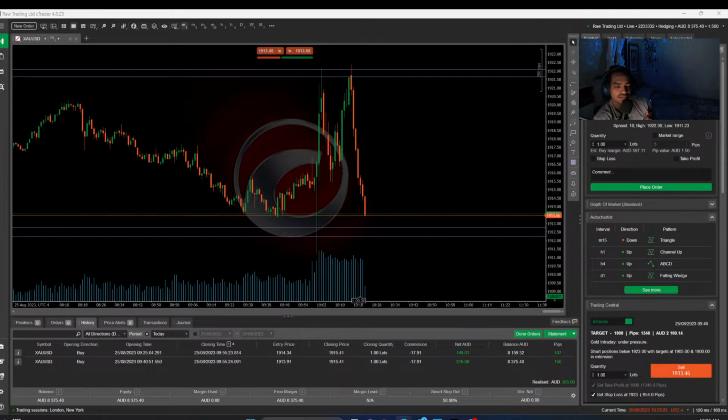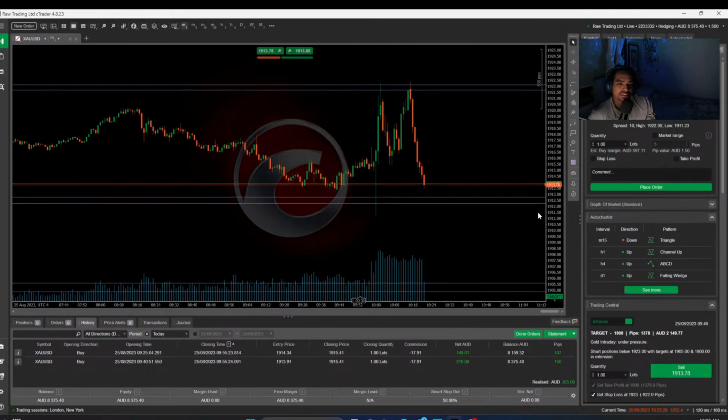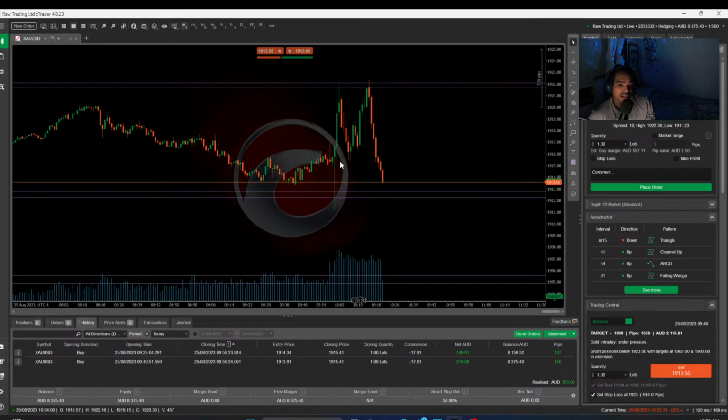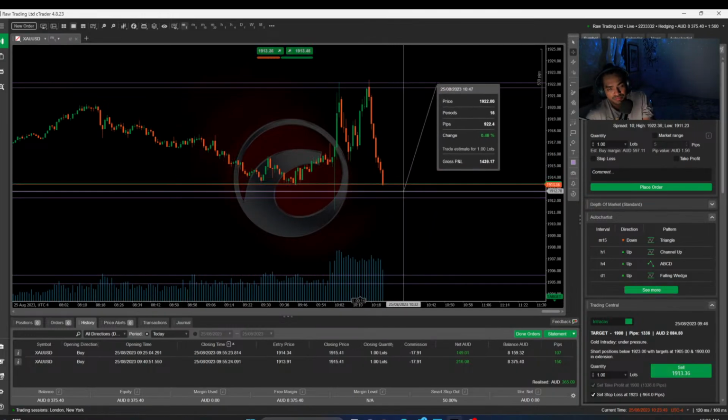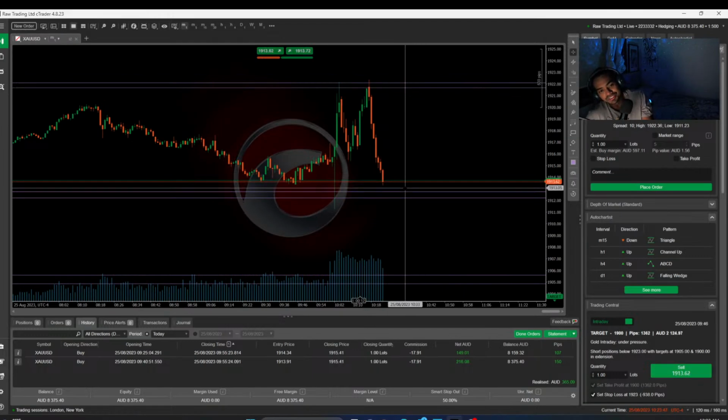And for the market, the price is coming down, so as I told you guys, it's really hard to trade on the news. You never know where the price is going. Price went down at first, went all the way to our resistance, then came back down again. So there is a possibility that price might reject this area and go up, but I don't want to take this trade because I've already taken my trade.